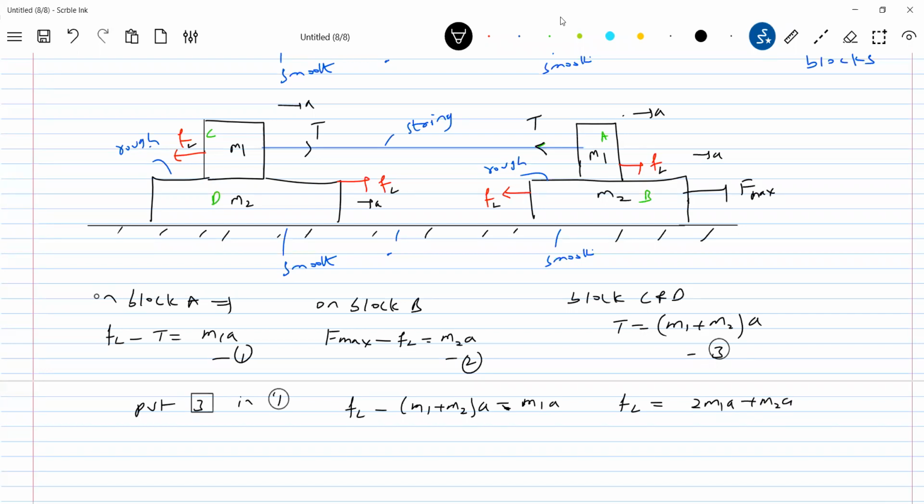Keep it here, this is equation 4. Or acceleration equals FL by (2M1 plus M2). Call this equation 4. Substitute this 4 in 2.